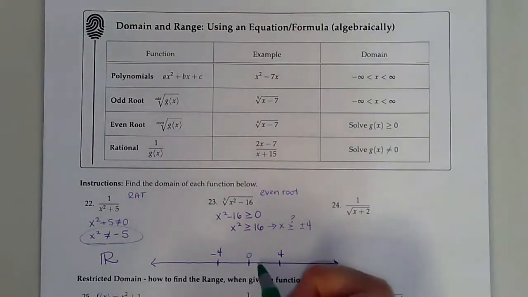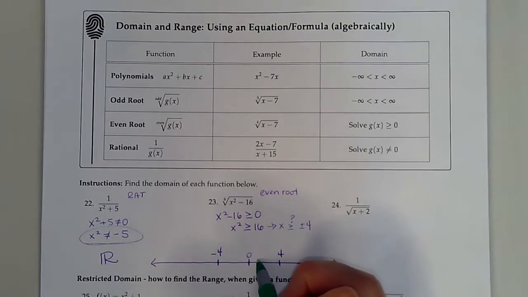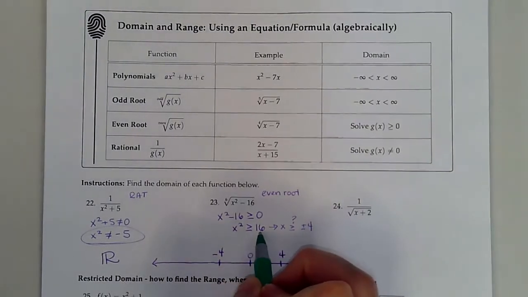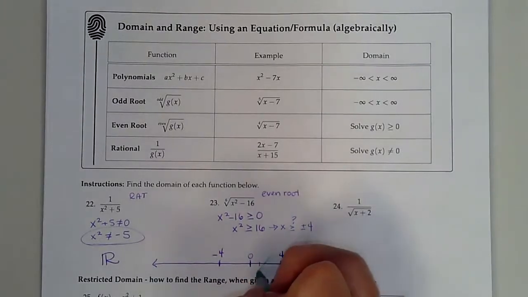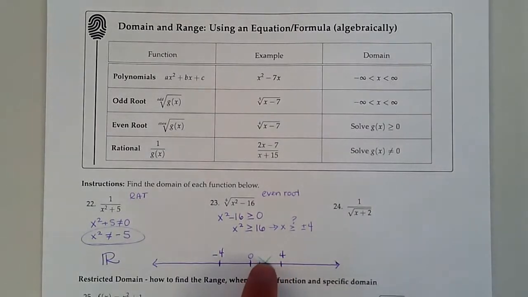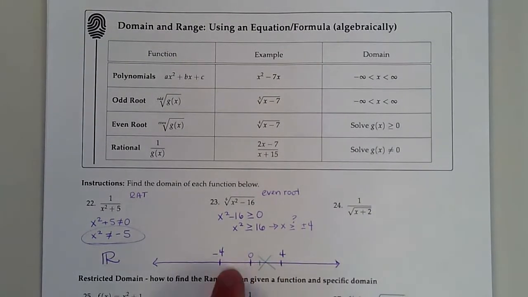If I chose x equal to 1, is 1 squared greater than 16? No, it's not. So nothing in this interval is going to help us out. You could plug in a bunch of numbers in here and verify that for yourself, but nothing in here is going to work.